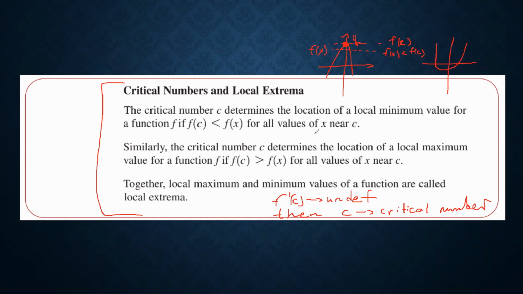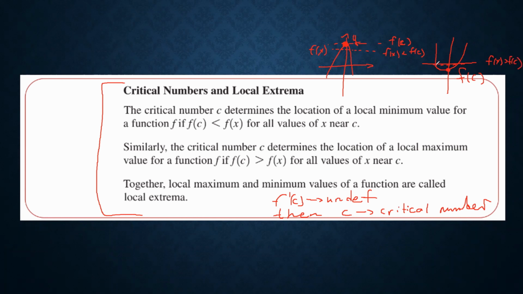And we're looking specifically near f of c because we're calling it local extrema, okay? If you look in the whole domain, it may not be a maximum value, okay? But it's a local extremum. On the other hand, in this example, we can see that this point is going to be f of c, and all other values of f of x close to it are greater than f of c.